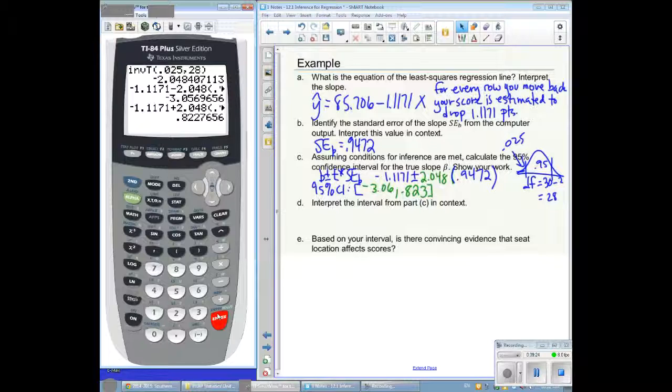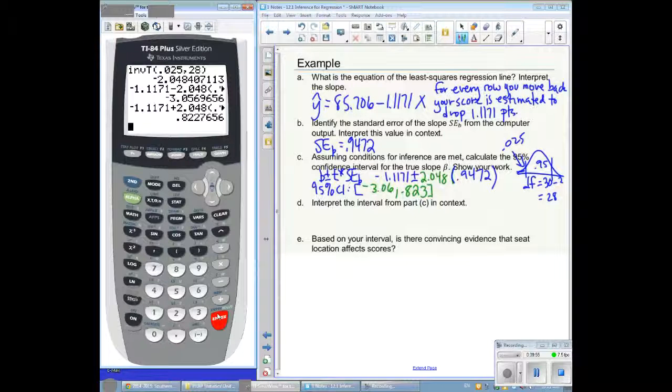No. Now, if 0 was not included in that interval, so for example, let's say both of the numbers were negative, then I would say that we are 95% confident that the decrease in score per row would be between 3 points and negative 0.8 points. All I can say here is that we're 95% confident that the change in score is from a loss of 3 points to a gain of 0.8 points. That's what the literal translation of that interval would be.